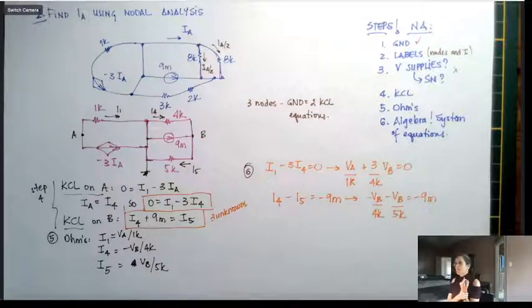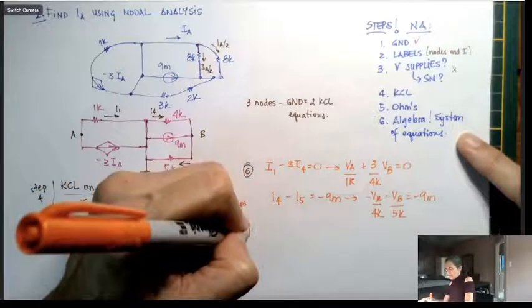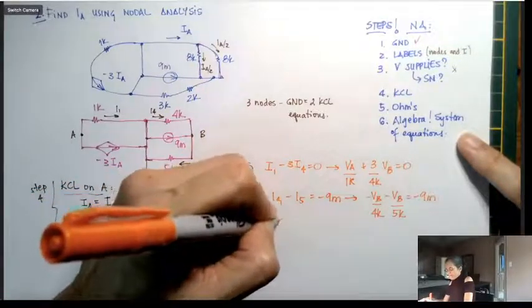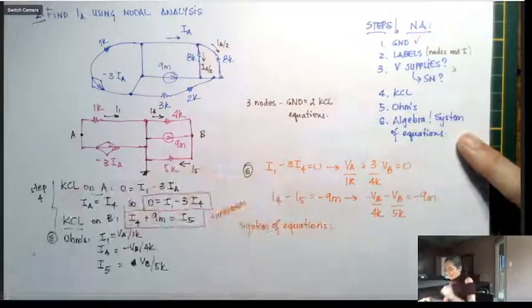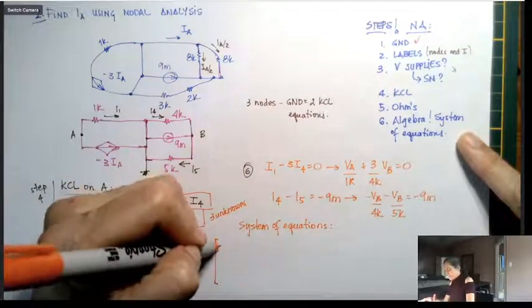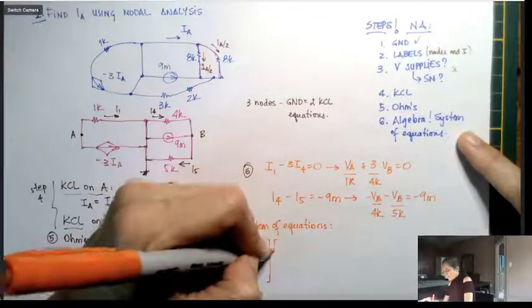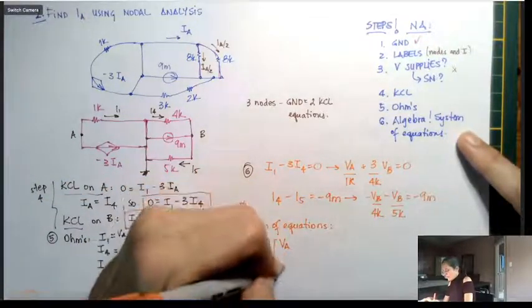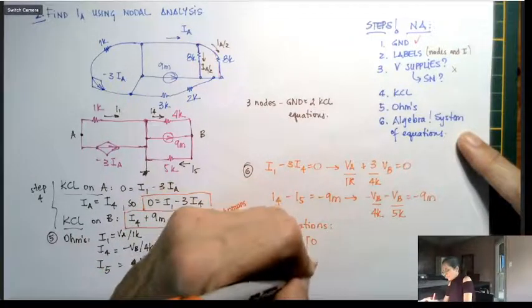If we had 3 equations or more on the exam, I will require you to write a system of equations. So I'm going to give you an example of the system of equations here. It's matrix A, B times VA and VB, equals 0 and minus 9 milli.